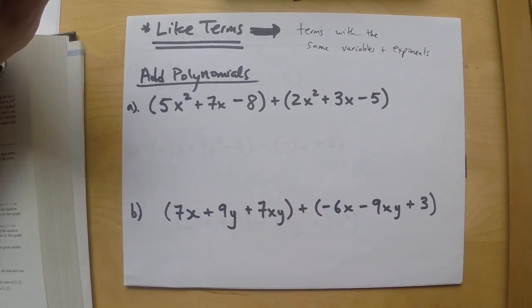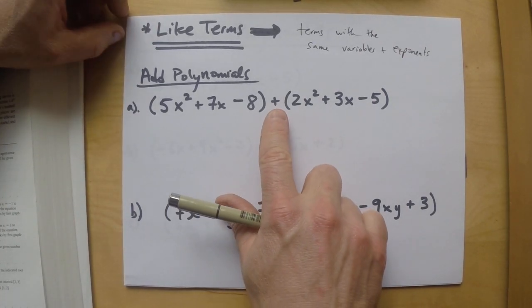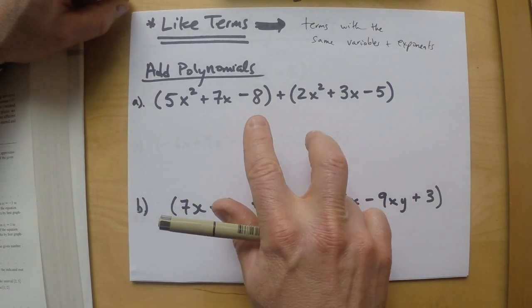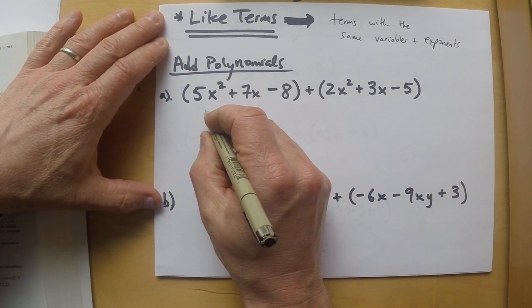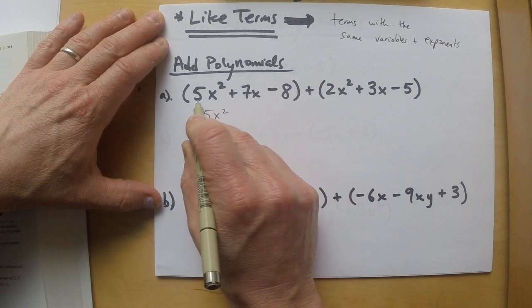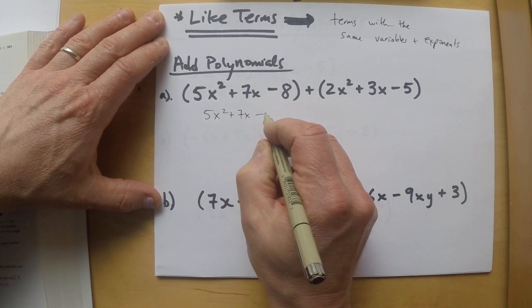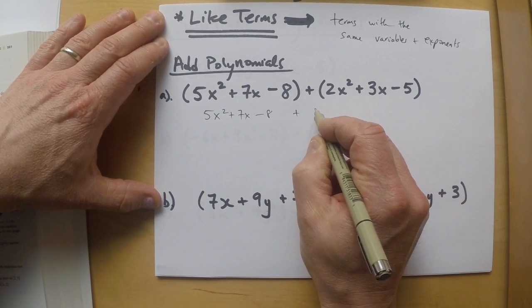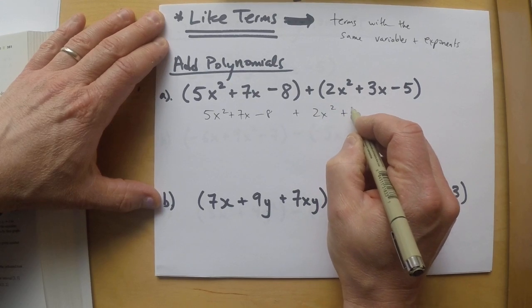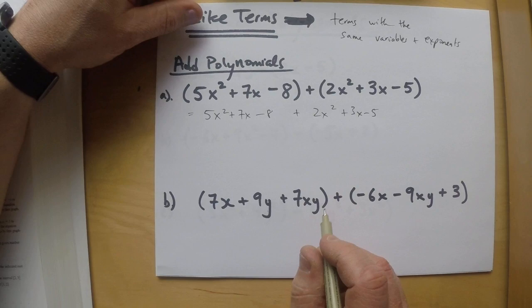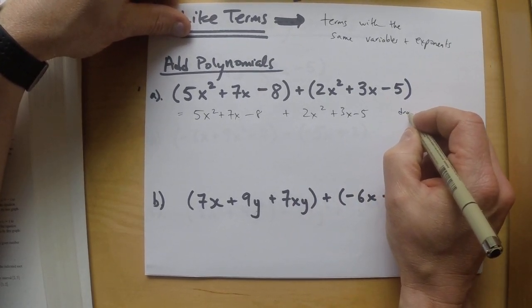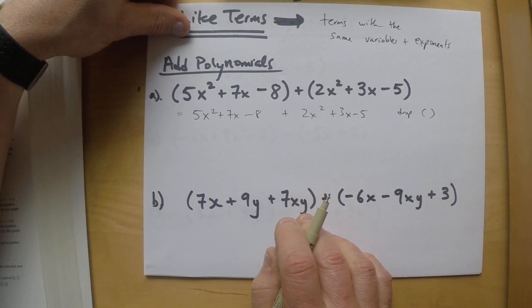So when you're adding polynomials, it is as simple as drop the brackets. So literally I'm going to just rewrite this without the brackets or the parentheses, and rewrite this without the brackets or the parentheses. So drop brackets, first step.